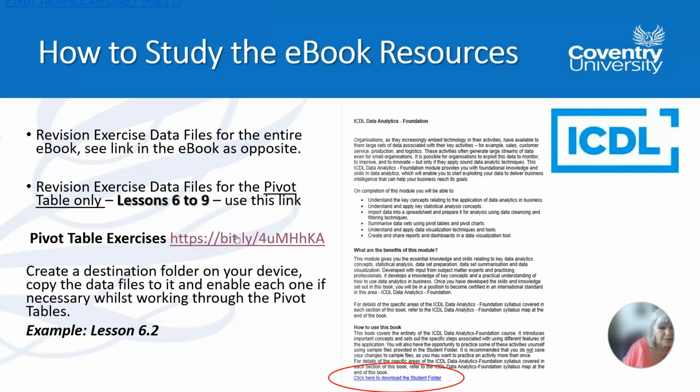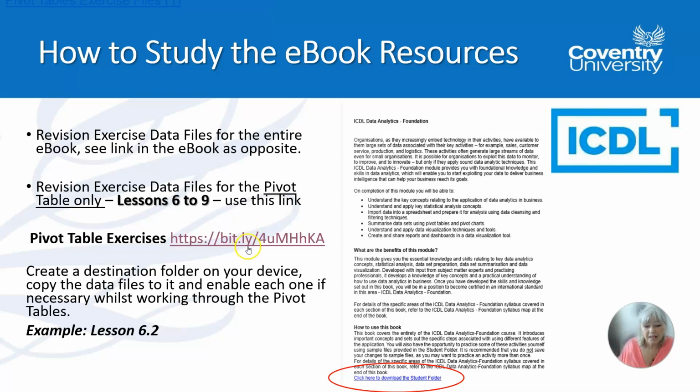So what I'm going to do though is I'm going to show you, once you've gone to this link and you've downloaded those files, they need to once again be on your device and you use them from your laptop or computer, so that you're not using them straight from the SharePoint where I've popped them for you. So make sure that everything that you access with regard to the data files you actually put onto your device.